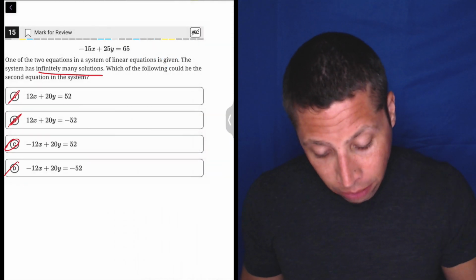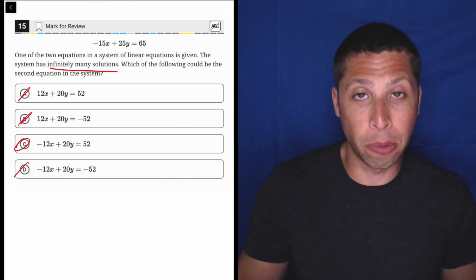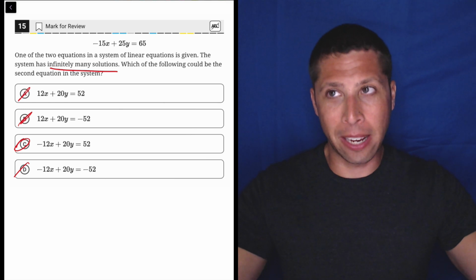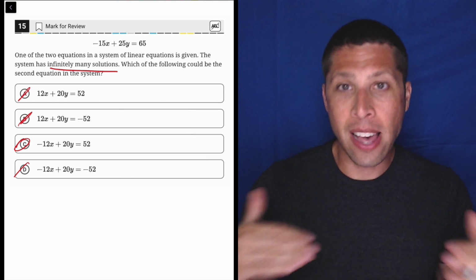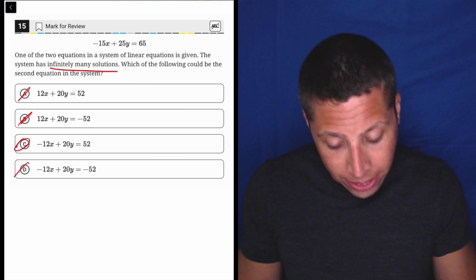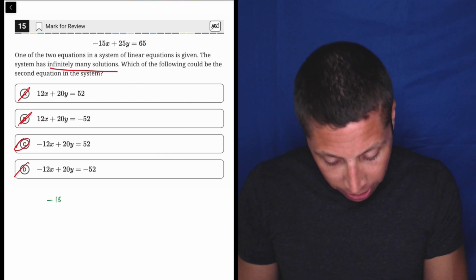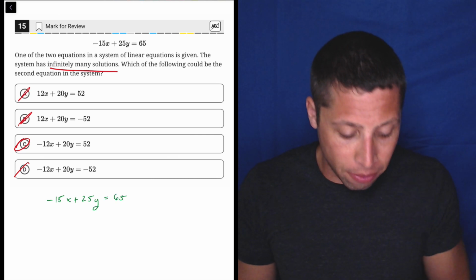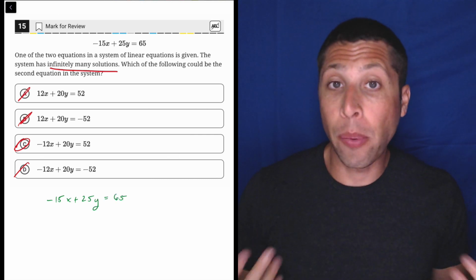But like I said, they look different. So how is it possible they're the same if they have different equations? Well, basically, there's a kind of baseline equation that both of these are born from. So in order to find it, we take the original, negative 15x plus 25y equals 65, and try to simplify it the same way we think about a fraction.